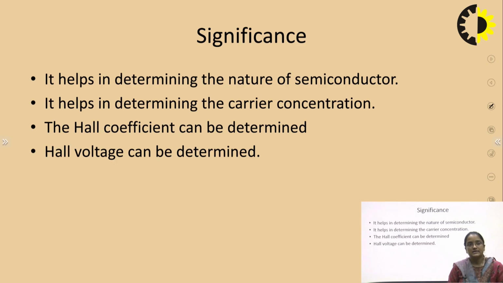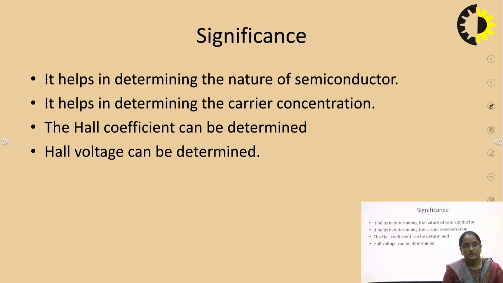The second point is that we can determine the carrier concentration. Carrier concentration, in terms of the number of free electrons, is N, and the concentration of free holes is P. So by using this method, we are able to calculate the carrier concentration in terms of N and P. Next, by using this method, we can determine the Hall coefficient, which is one of the most important parameters.